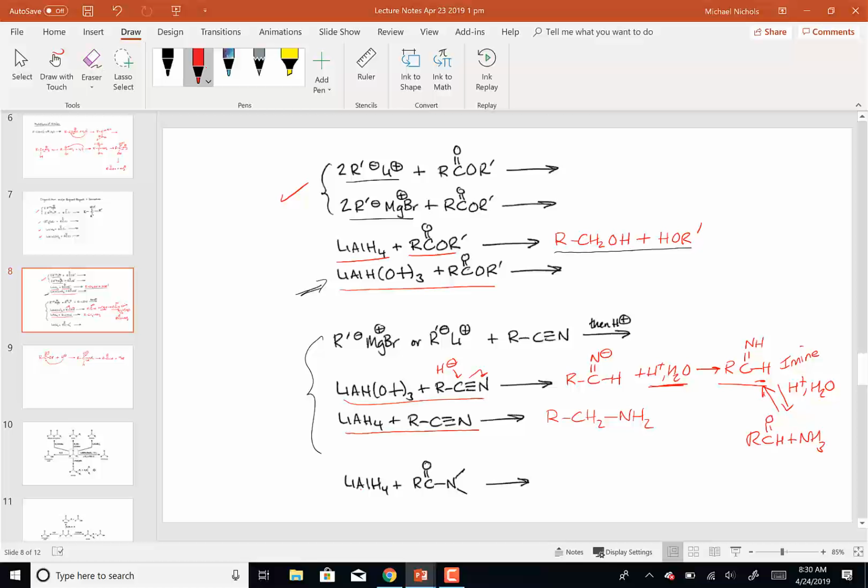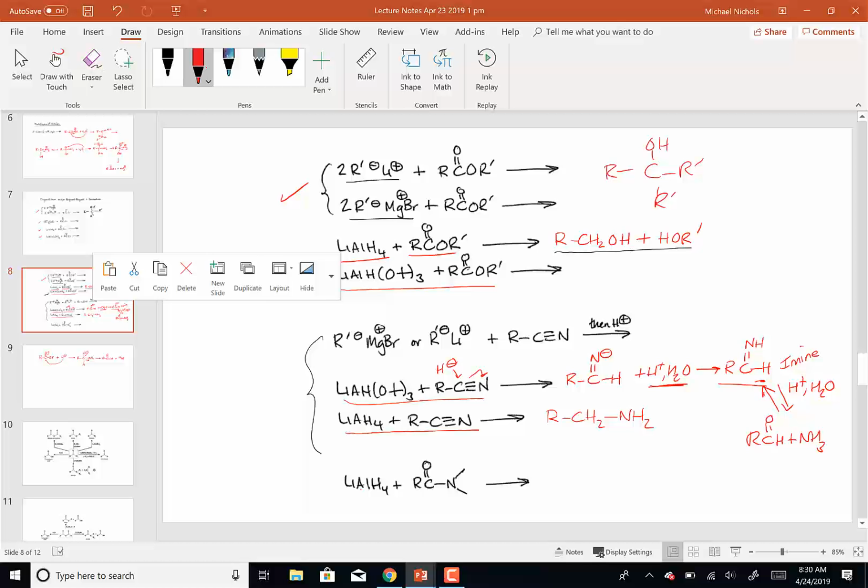I get the same thing. So I still get a tertiary alcohol with 2 of the 3 groups coming from the Grignard. So those 2 reactions we talked about back in the Grignards chapter. So we get the same product, and the telltale hint here is 2 Grignards. Whenever I'm reacting 2 Grignards, I'm reacting 2 R groups. So I'm going to get a tertiary alcohol in both those cases.